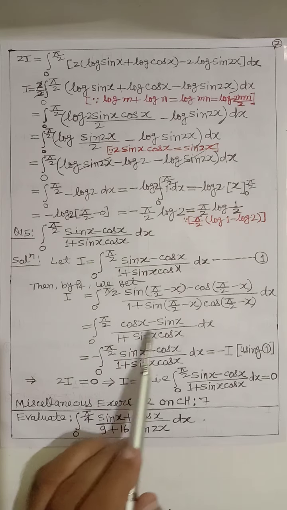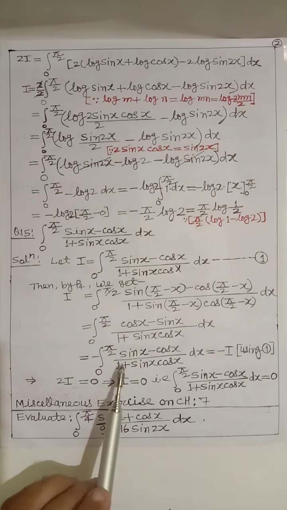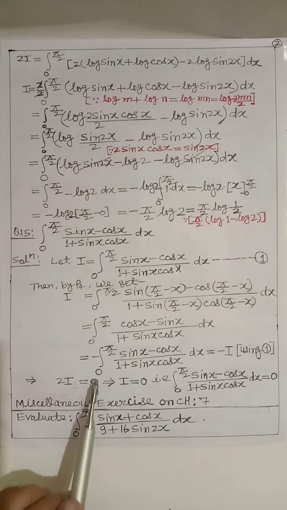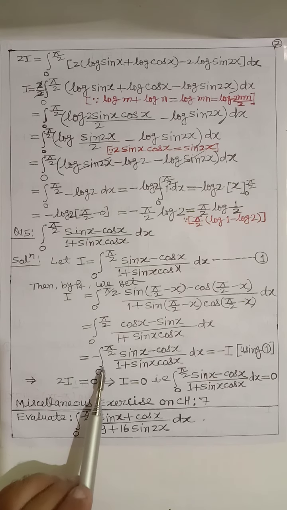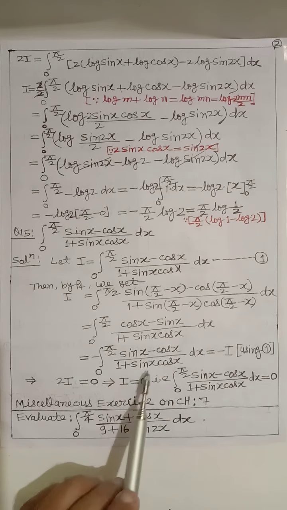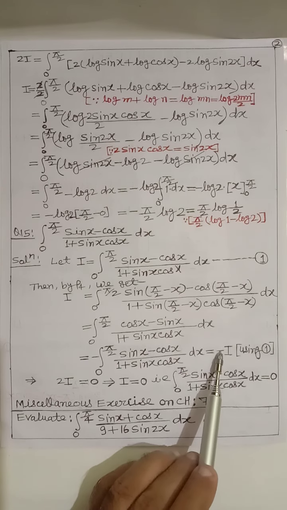Here we have taken the minus sign common, and this is outside of the integration, that is minus integration of 0 to pi by 2 of sin x minus cos x by 1 plus sin x cos x dx.